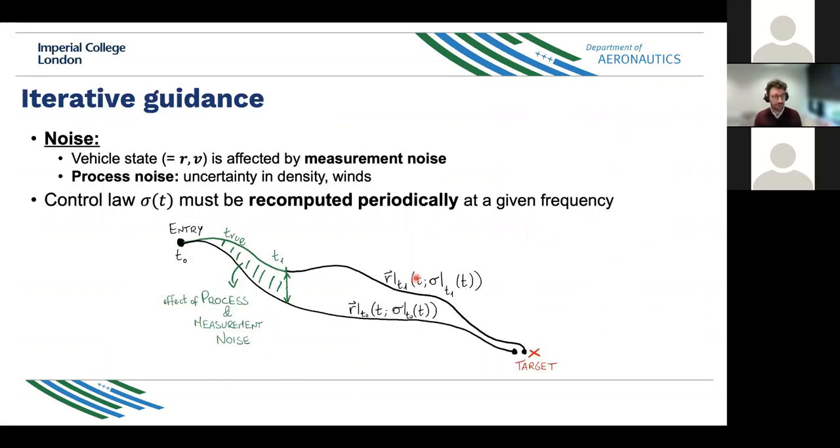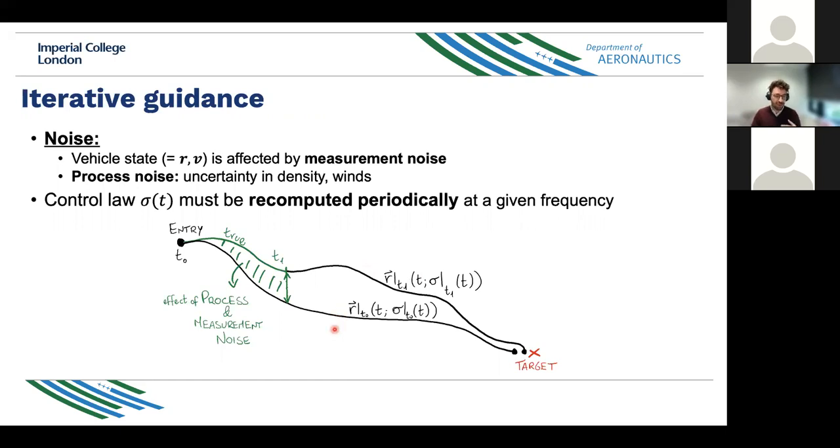Ideally, if we didn't have any errors in measurements and in our onboard dynamical model, we would be able to compute the bank angle or any other type of control perfectly, or almost perfectly. And we would be able to do it in one shot because we have control algorithms that are good for this purpose.